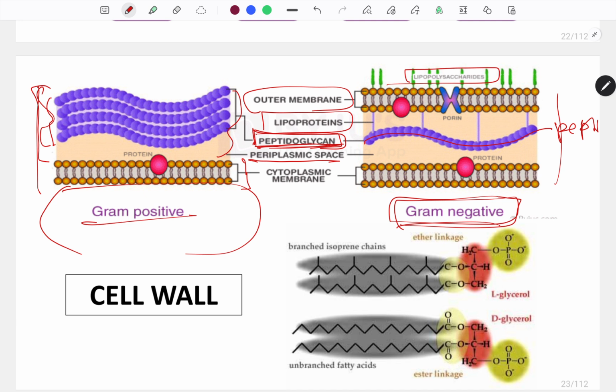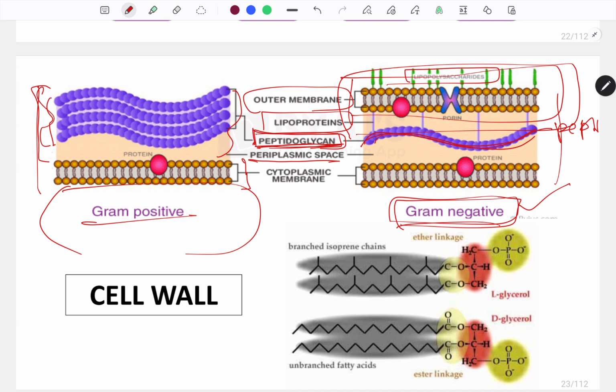There is one more membrane present above the peptidoglycan layer, and in between, some porins are present, which are lipoproteins. Those are transporters. There is an extra layer.